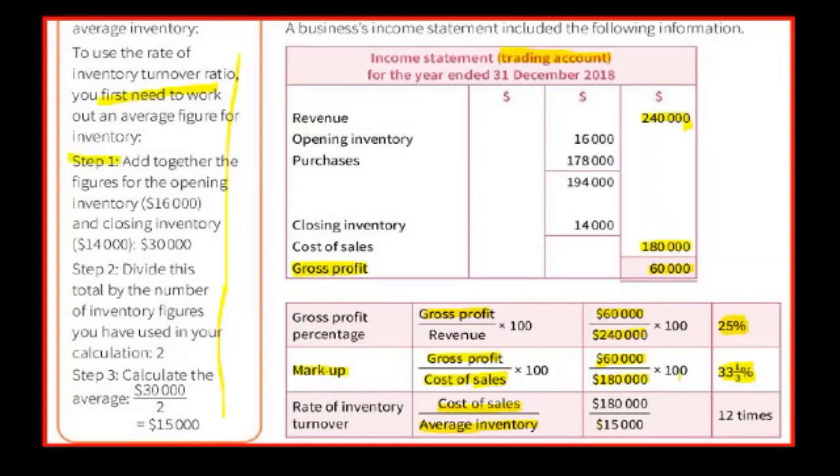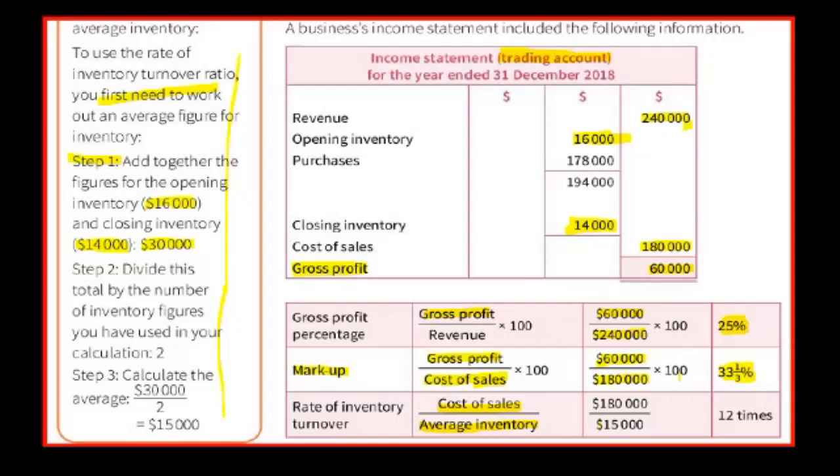Step 1, you add together the figures of the opening inventory, which is 16,000, look at the income statement, and closing inventory is 14,000. We add them together, we get 30,000.